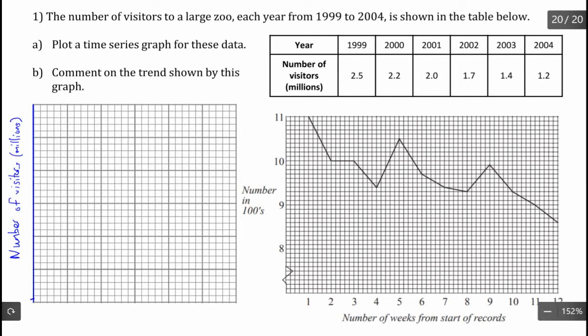So this is 0, 0.5, 1, 1.5, 2, and 2.5. Okay. And we've got year along the bottom, and our first year is 1999. And if we do a year on every one of these bold lines, hopefully there'll be enough.